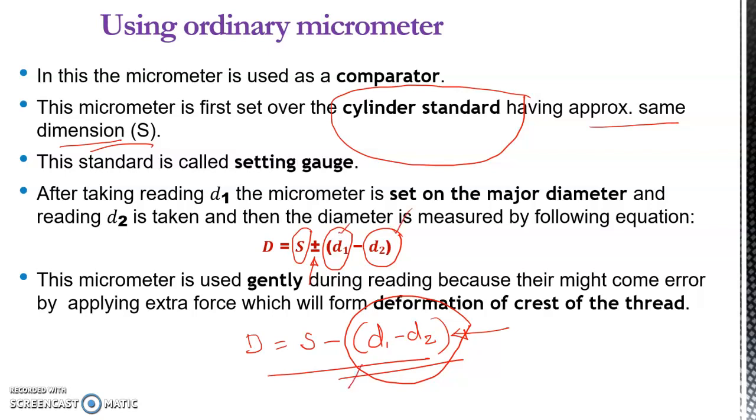If D1 is representing the diameter of the standard cylinder measured with the micrometer, and the diameter of the thread is D2, then we will use the negative symbol. If it is in reverse order, that is D1 represents the diameter of the thread and D2 represents the diameter of the cylinder, then we will use the plus sign.